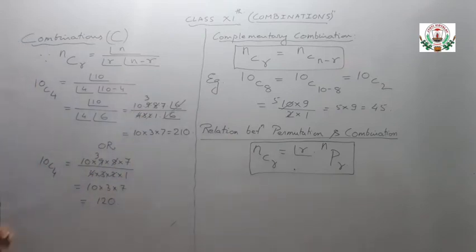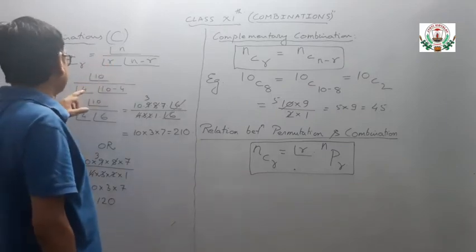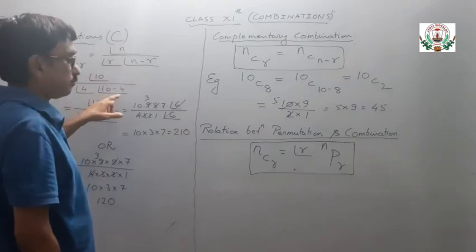So this will be 10C4. If you want to calculate the value of 10C4, it is factorial 10 upon factorial 4 factorial 10 minus 4.